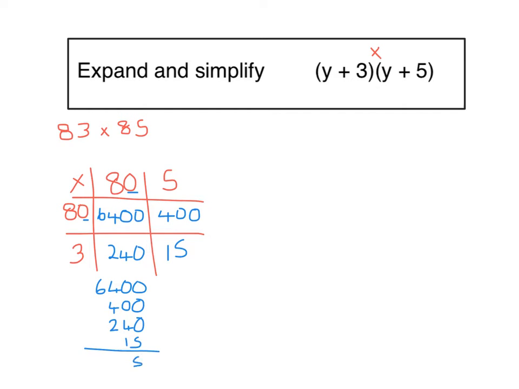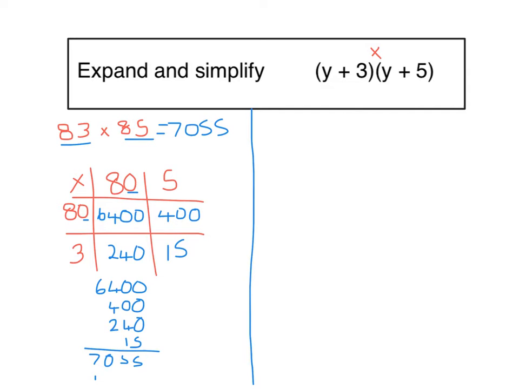So I'd have 5, 4 add 4 is 8, 9, 10, 6 add 1 is 7. So the answer to that would be 7,055. Okay, so that's what I would do for a number question. Now look how similar this is.